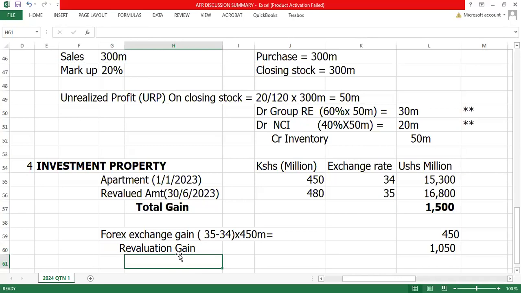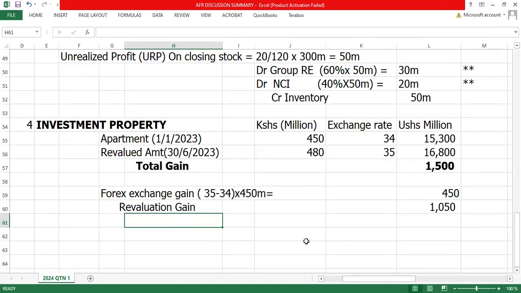And what comes into your mind now? What are you going to do with these two items? We have to adjust the investment property. If it's a revaluation gain, we have to adjust the revaluation reserves.